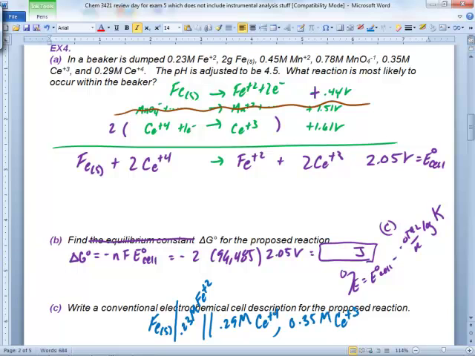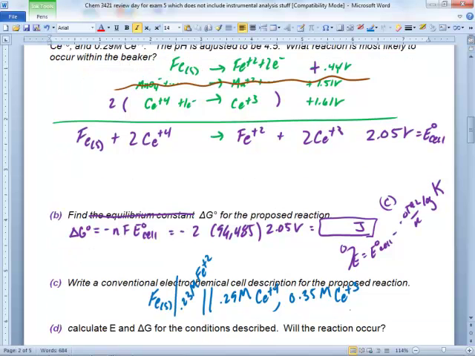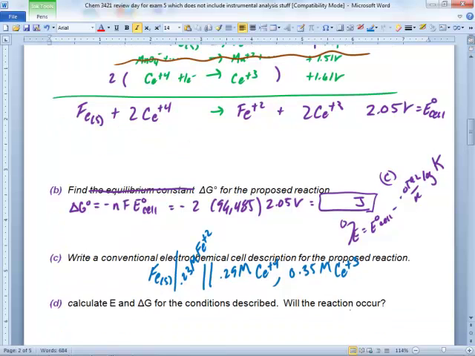So there's our conventional way of writing it. Because it's aqueous going to aqueous, same state. That's just their convention. I don't know why that is. I mean, what's the big deal with lines? Commas always work. But that's not how they want you to do it.